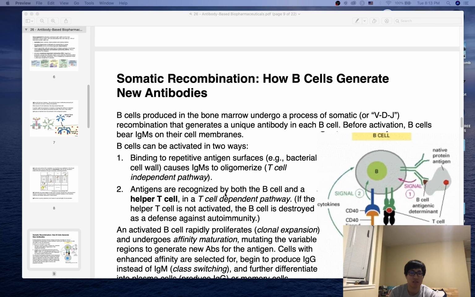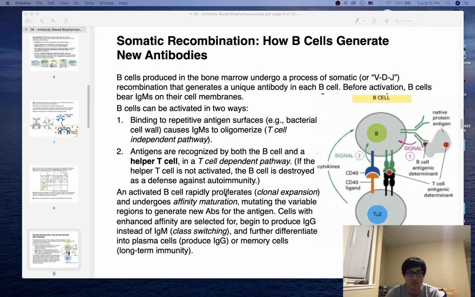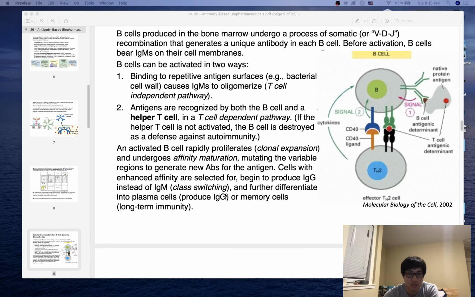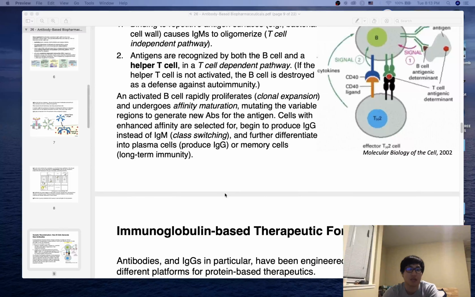It's like a first round of selection, which is really rough. But after that, the B cells get activated by IgM oligomerization, then they can secrete IgG. Then IgG will undergo affinity maturation.